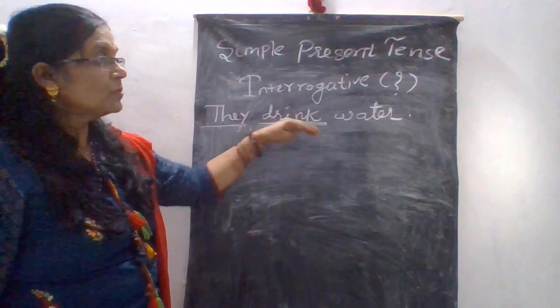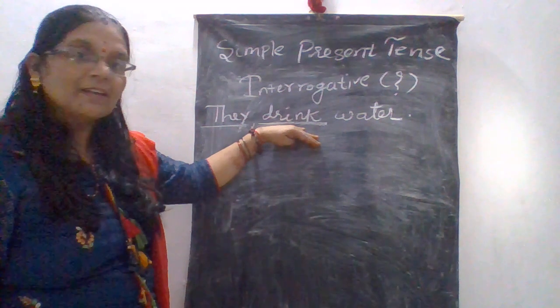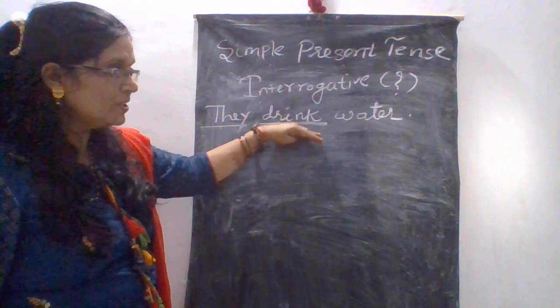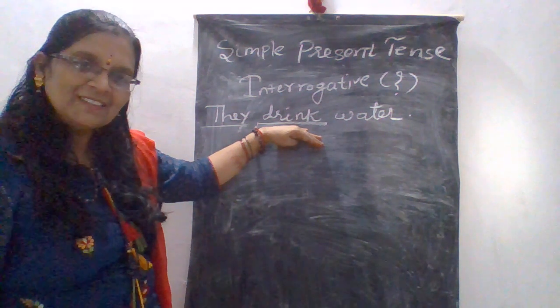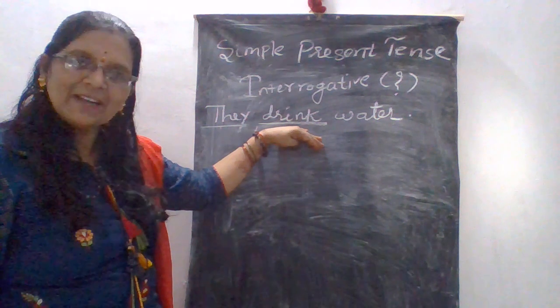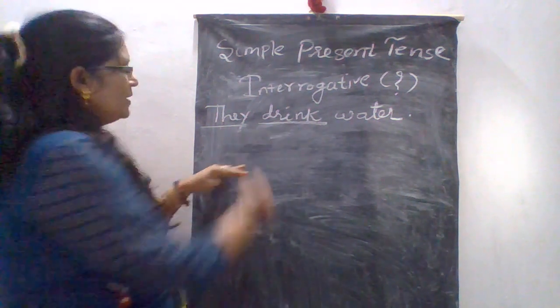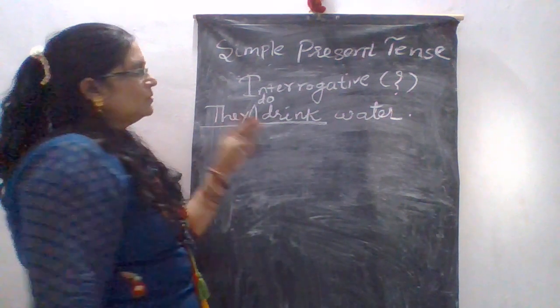First of all, focus on the verb. The verb is drink. But is there an s or es? No. It means, what is the hidden verb there? You know that. Do. Very good.